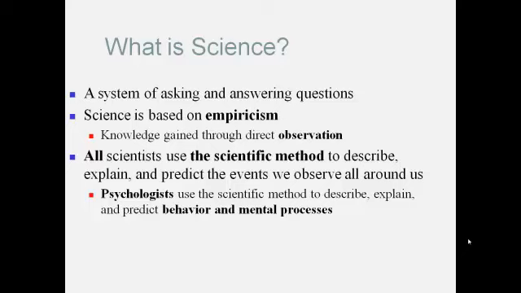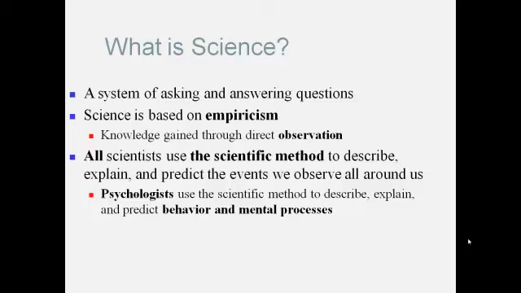And scientists are also trying to predict that. So maybe you'd be interested in predicting when the child would be more likely to have a temper tantrum. What circumstances would be likely to cause it? So, again, scientific method involves describing, explaining, and predicting. And a child having a temper tantrum on the floor at Walmart is clearly a real-world observation.